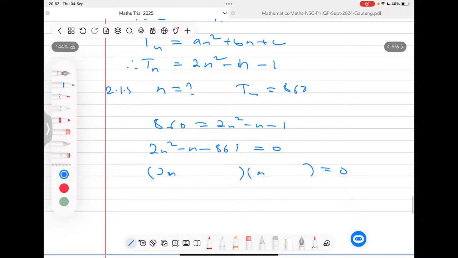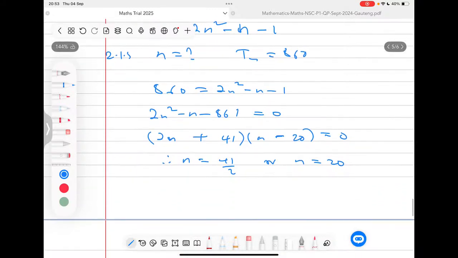Because I have a 2 here, I'm going to have 41 and 20. And my 20 has to be negative, and I can have a positive here. So you can use a quadratic formula at this stage. You don't have to worry about finding factors if you really can't find them. At this stage, it means n is going to be equal to 41 over 2, or n is going to be equal to 20.